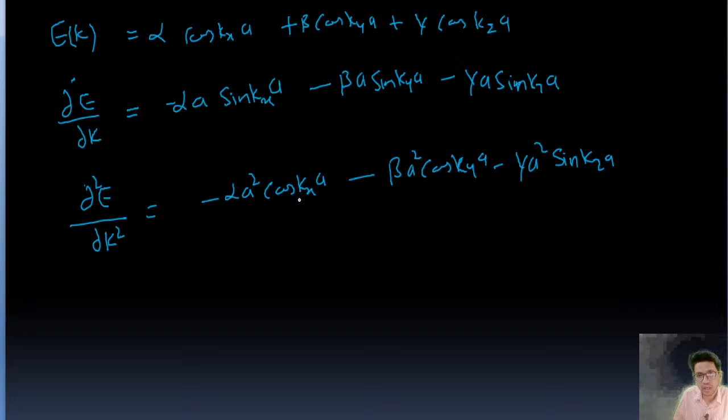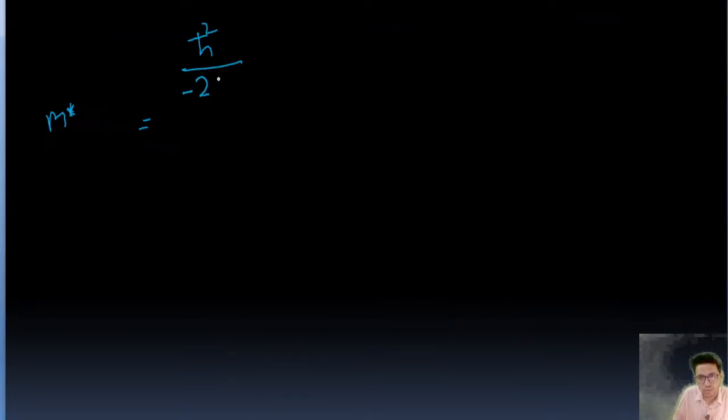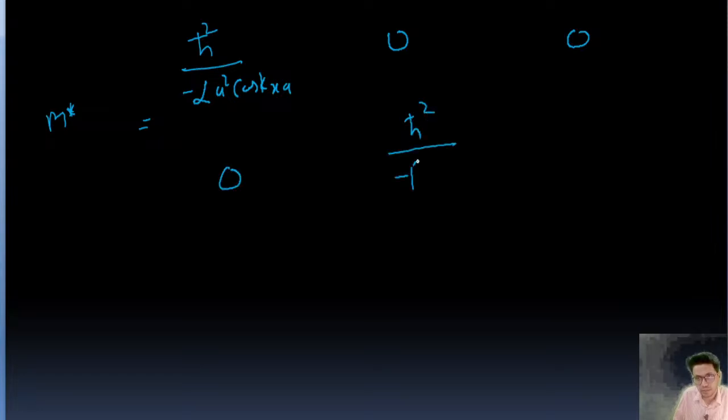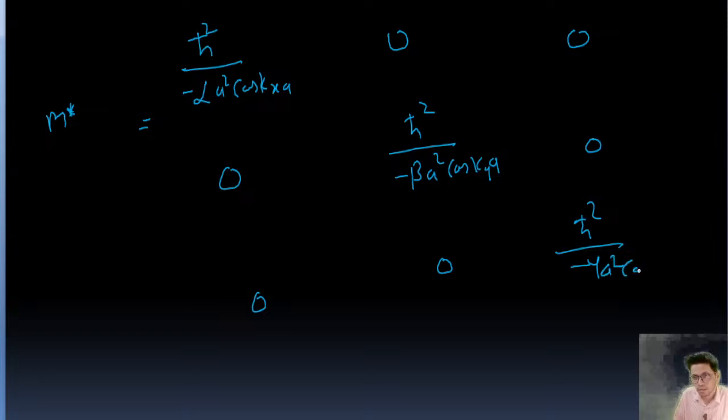So values are going to be h cut square upon the matrix with minus alpha a square cos kxa, 0, 0; 0, minus beta a square cos kya, 0; 0, 0, minus gamma a square cos kza, right?